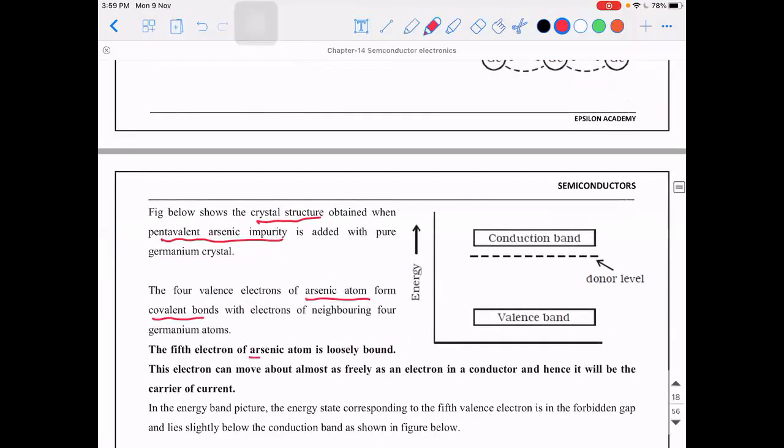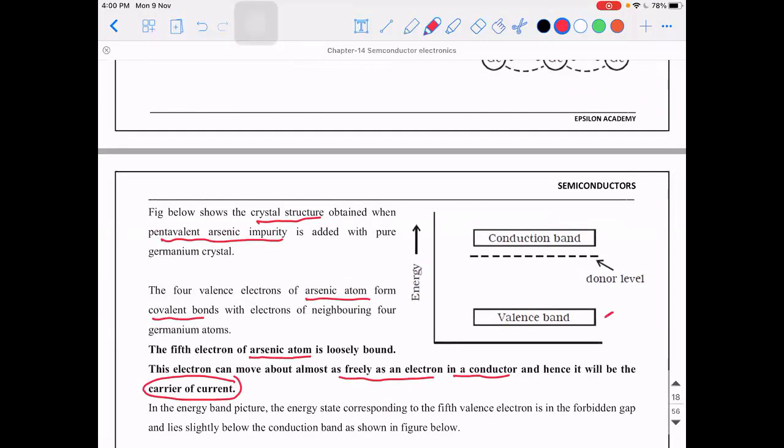The 5th electron of the arsenic atom is loosely bound, and this electron can move about almost as freely as an electron in a conductor, and hence it will be the carrier of current. A type of semiconductor where electrons are the majority charge carriers is called an N-type semiconductor.